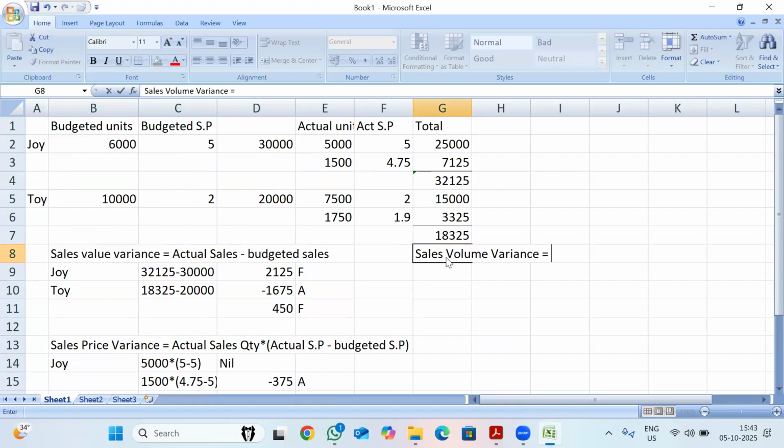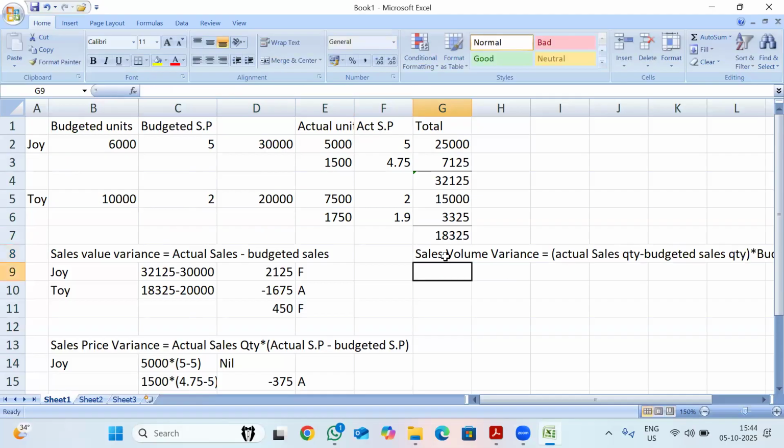The formula is the difference between my actual quantity, that is actual sales quantity, minus budgeted sales quantity, into, here I need to consider the budgeted selling price. Remember, here I need to consider the budgeted selling price per unit.